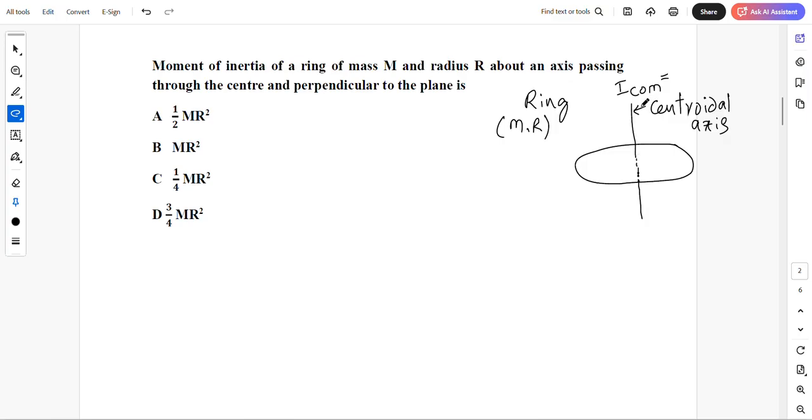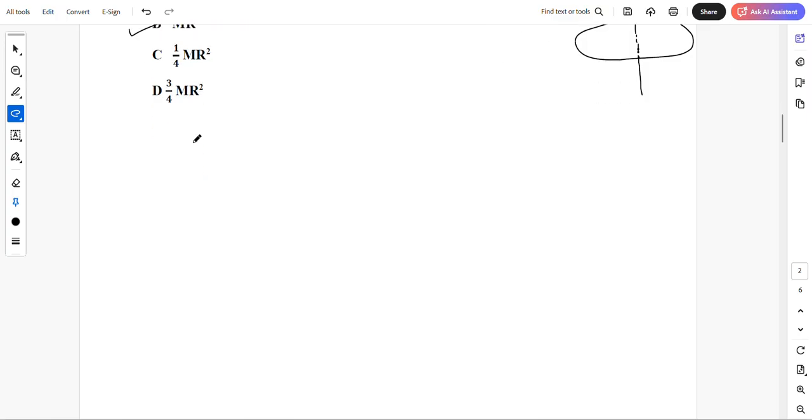I COM will be equal to M R square. That you have to remember. This is the axis which is passing through CM, called centroidal axis. M R square is the right answer and it is perpendicular to the plane. Hope you understood this. We will go to the next problem.